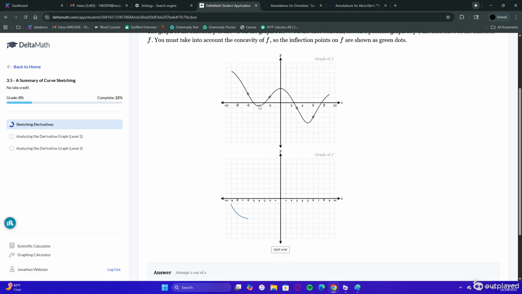But here, -6 to -4, this is where the function f is decreasing. So -6 to -4 is where it's going to be below 0. And then from -4 to -2, the function f is concave up, but this time it's increasing. So you know that f prime is going to be both increasing and above 0.